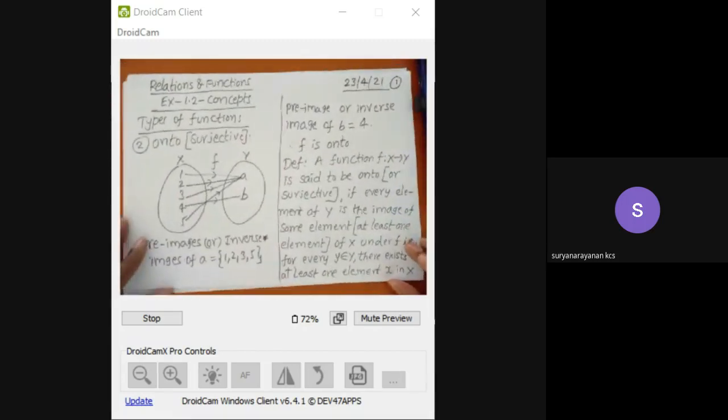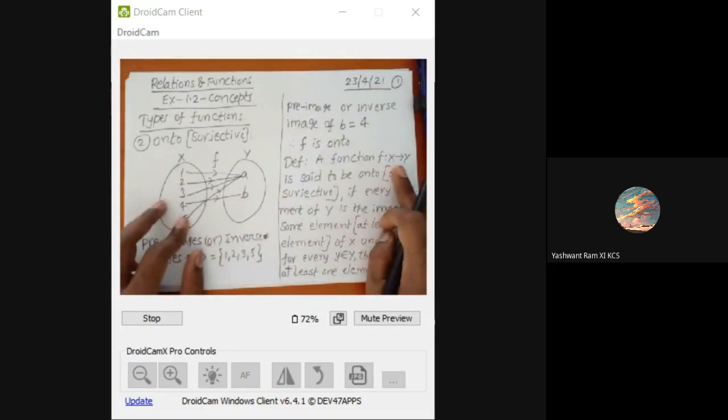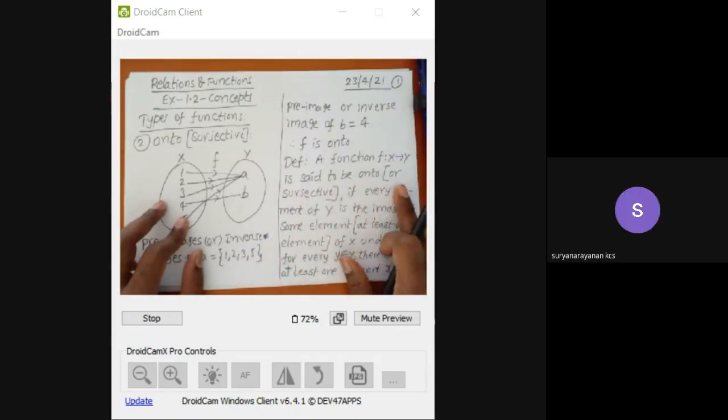Yashwantram, read this definition once. A function f is a mapping from X to Y. It's said to be onto or surjective if every element of Y is the image of some element, at least one element of X under f.